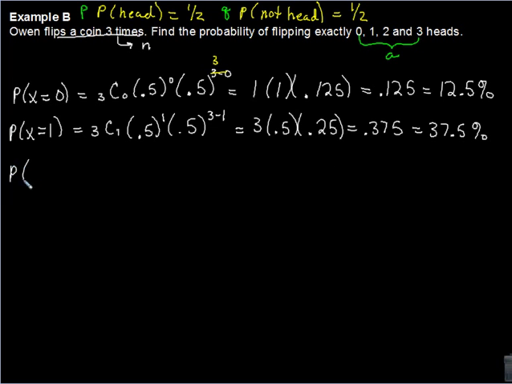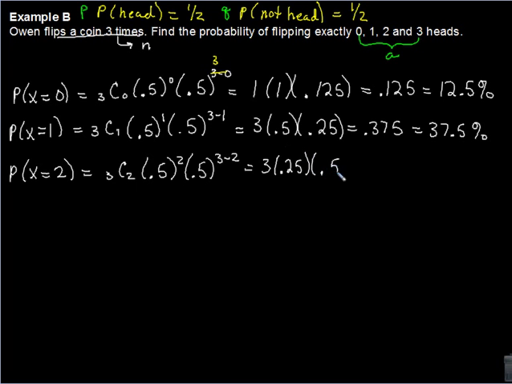And then I can do the probability of 2 heads. So 3C2, 0.5 squared, 0.5 to the 3 minus 2, which is just 1. I'm going to get 3 times 0.25 times 0.5, which is 0.375, which is 37.5%.